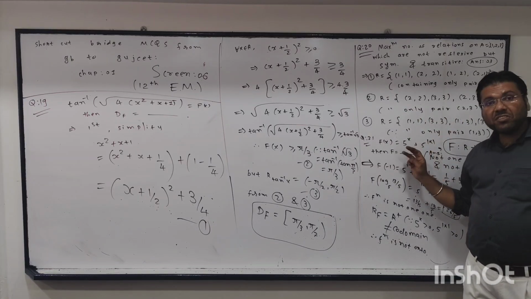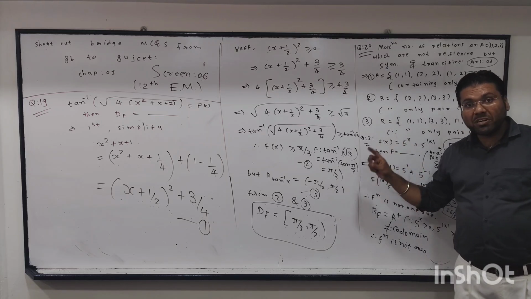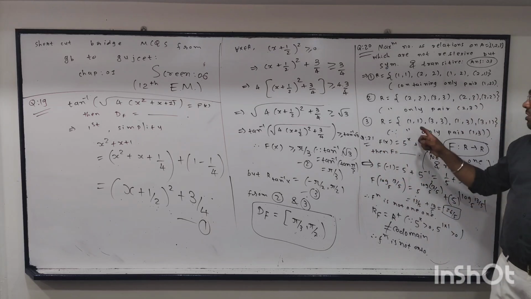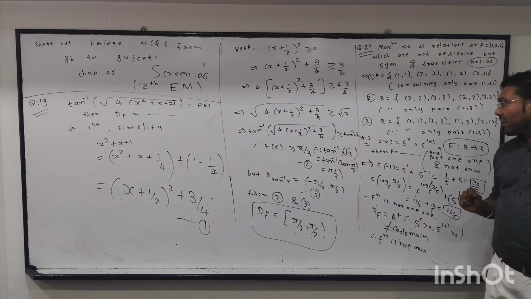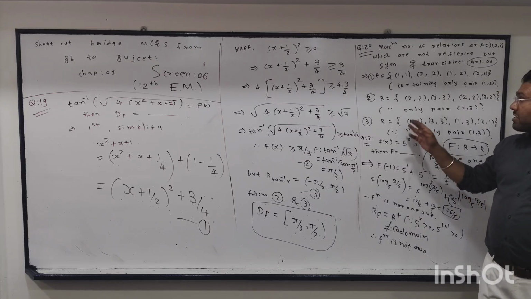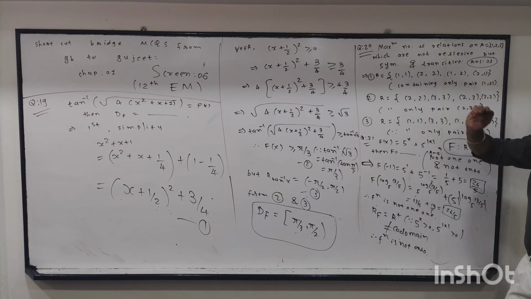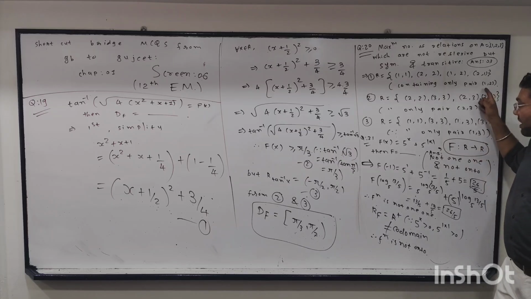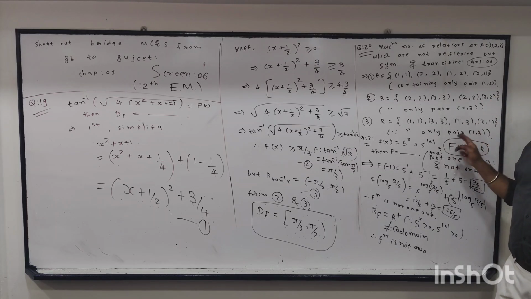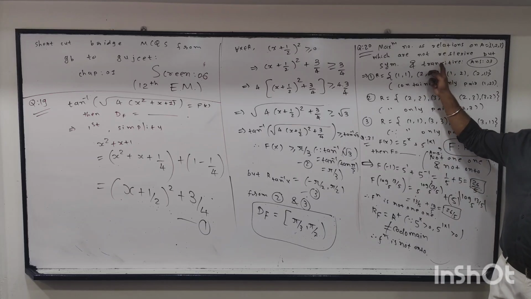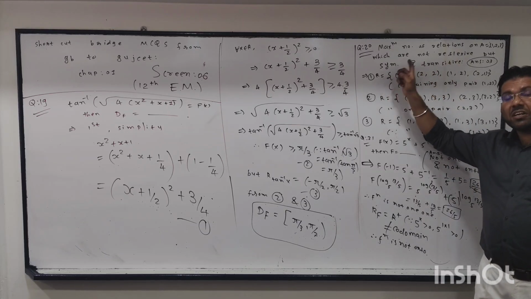Now the third relation which is not reflexive but symmetric and transitive: 1 1, 3 3, 1 3 and 3 1. Right, friends? So we can say that a total of 3 relations are possible, containing pair 1 2, containing pair 2 3 and containing pair 1 3, which are not reflexive but still symmetric and transitive.